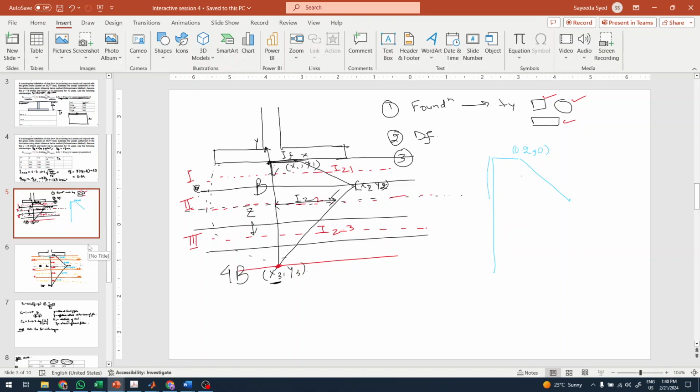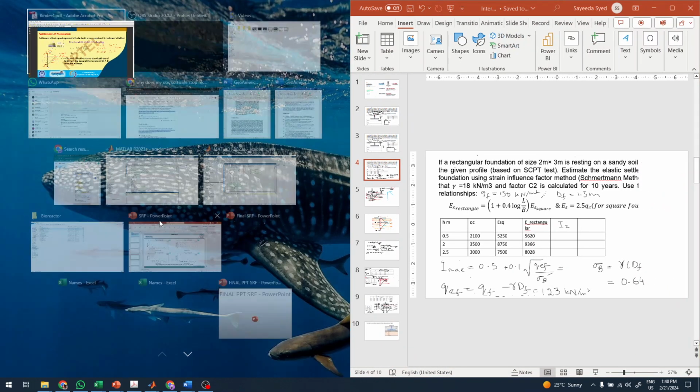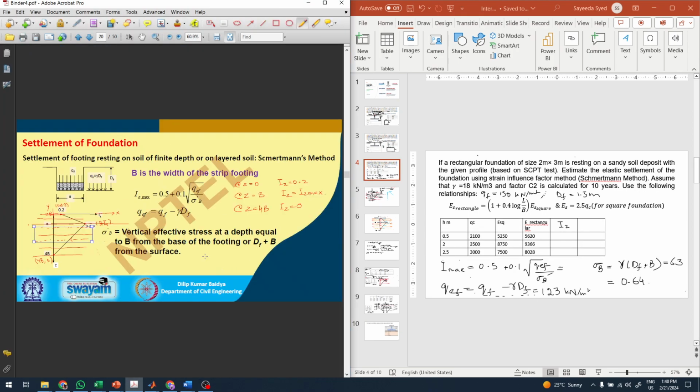So I was just now mentioning that at z equivalent to 0, Iz is 0.2, at z equivalent to b, Iz is I max, and at z equivalent to 4b, Iz is 0 again. So I max, let us calculate.